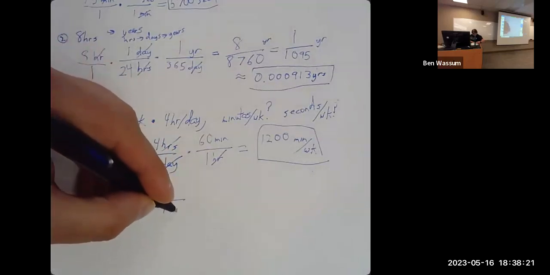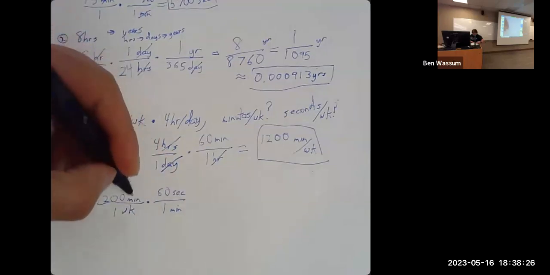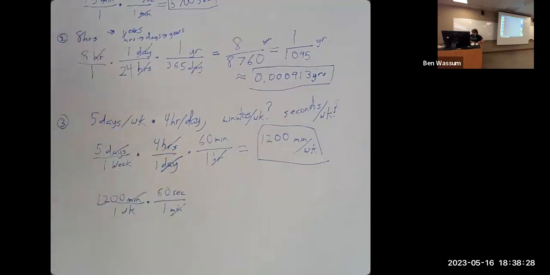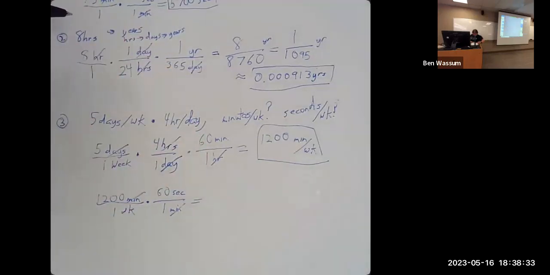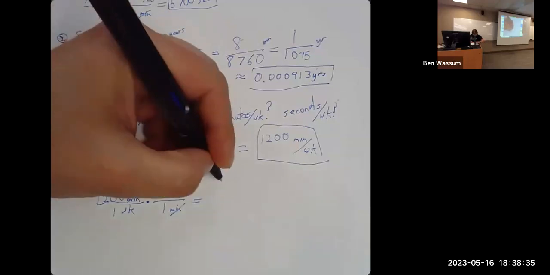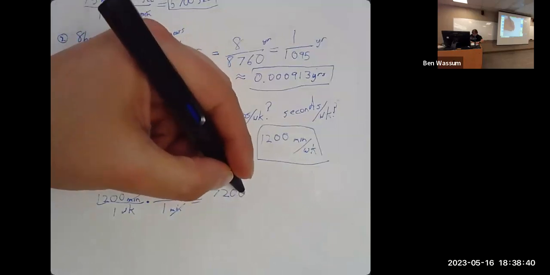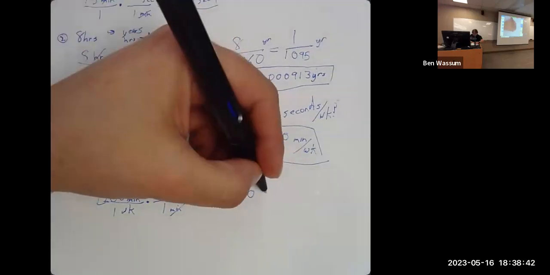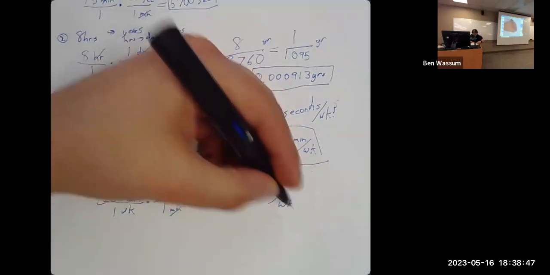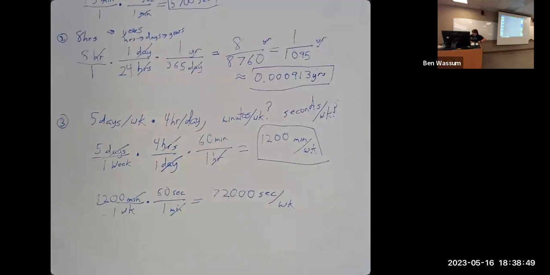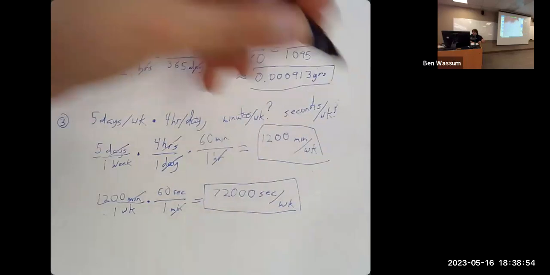One minute is 60 seconds. We are now in seconds per week. 60 times 1200, well, 6 times 12 is 72, and there's 1, 2, 3 zeros between these guys. And that's going to be in seconds per week, because 1 week is still what's on the bottom. So 72,000 seconds in a week.